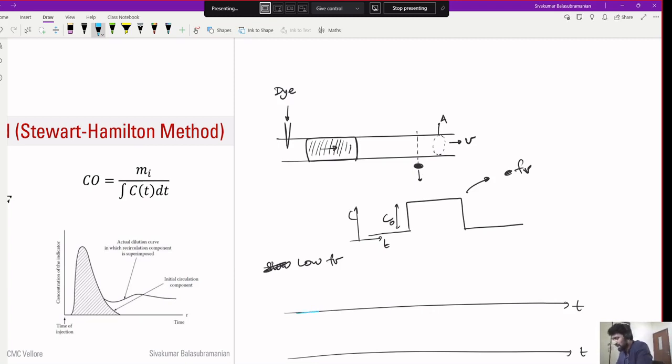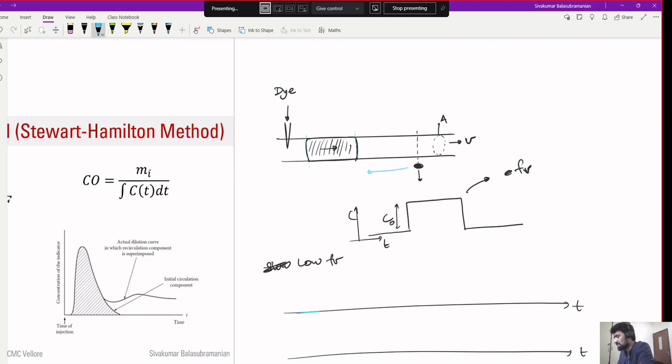No, sorry. Initially the assumption I asked you to make was that there is a clear boundary here. The bolus was put in such a way, and let's assume the detector is fairly close to where the dye was introduced, so that this bolus is not mixed along with the blood along the length of the tube.